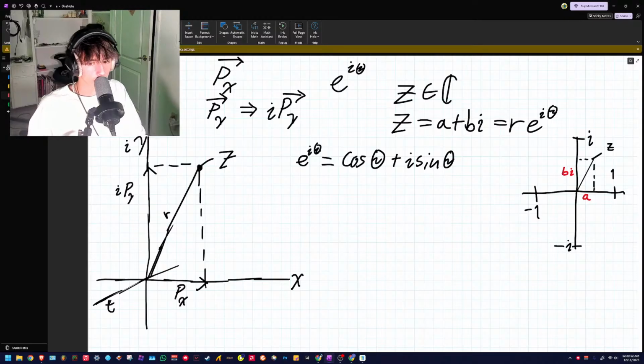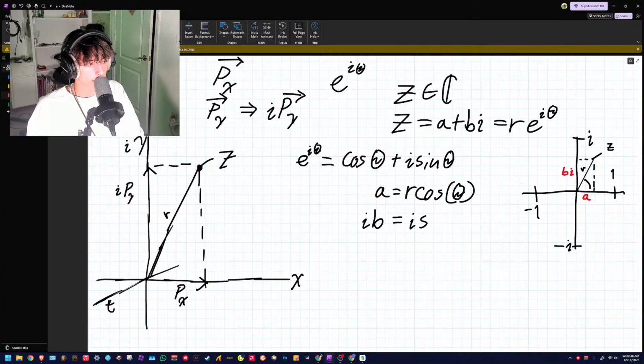Well, you can also use sine and cosine. So if you have this angle theta, and then the radius times the cosine of angle theta will give you a here. A equals the radius times the cosine of angle theta. And then bi equals i times the sine of angle theta.